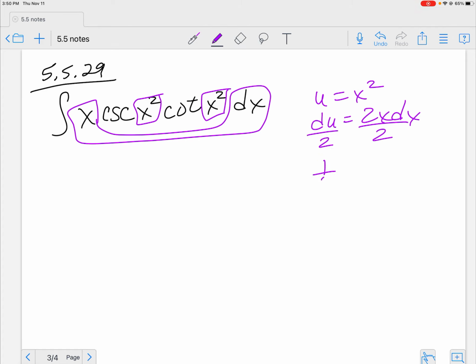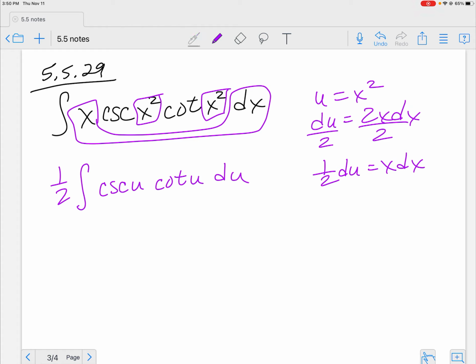Divide both sides by 2. I've got a 1/2 du is equal to that x dx. So toss that 1/2 in front. I've got cosecant u, cotangent u, du, because that x dx, both of these pieces become this du.